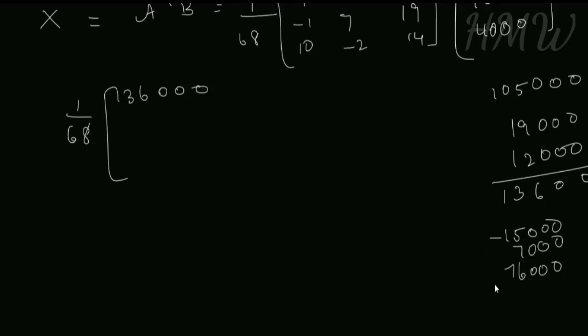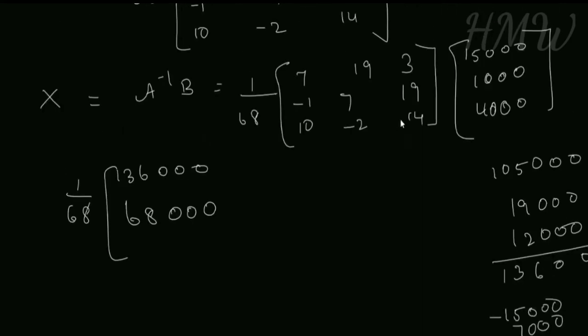So that is when you calculate this, so you get 68,000, correct? Then last one, 10 into 15,000 minus 2,000 plus 56,000. 150,000 minus 2,000, then 56,000.